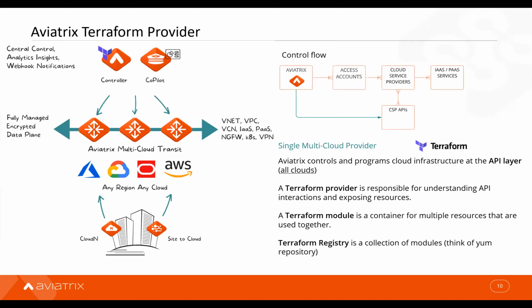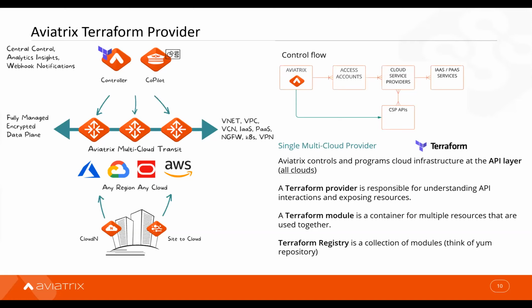So what I want to focus on now, so everyone understands how our infrastructure as code works with the Aviatrix provider, is that control flow up over on the right. So you'll see our controller, and within an Aviatrix controller, you set up access accounts. These access accounts could be in any cloud service provider.